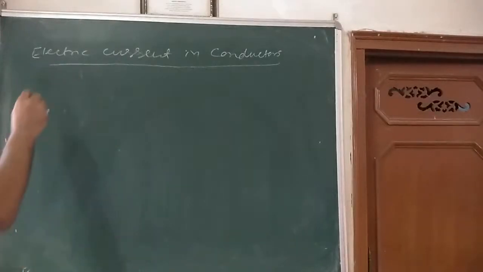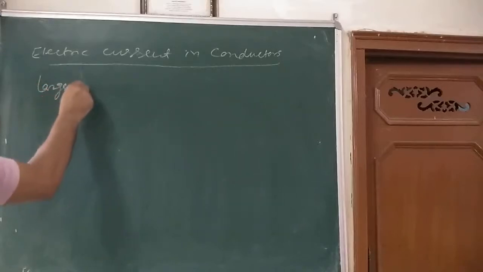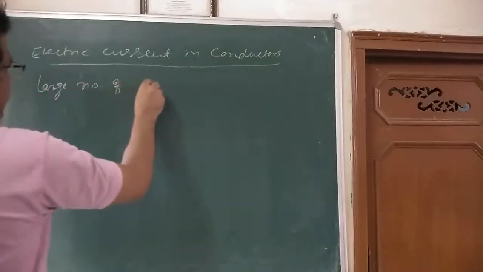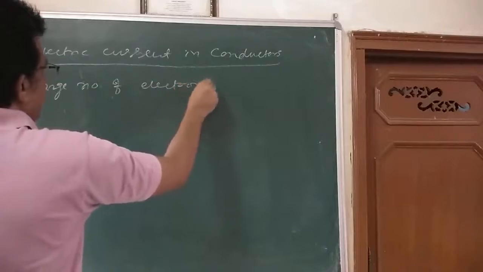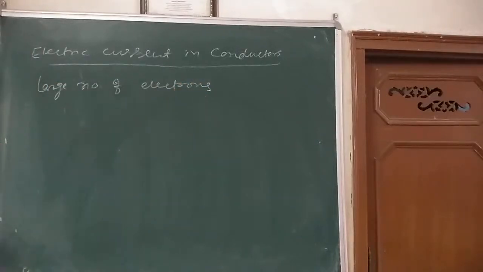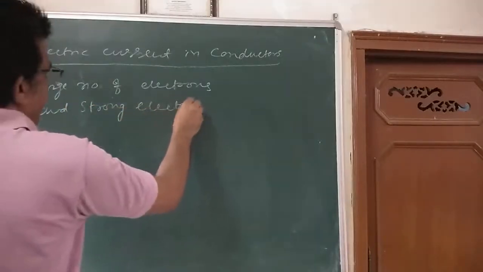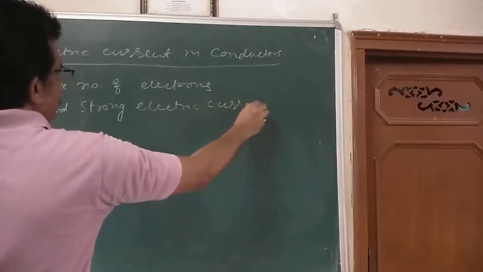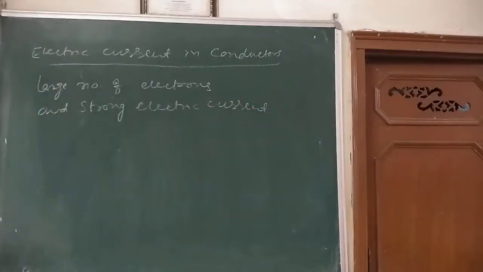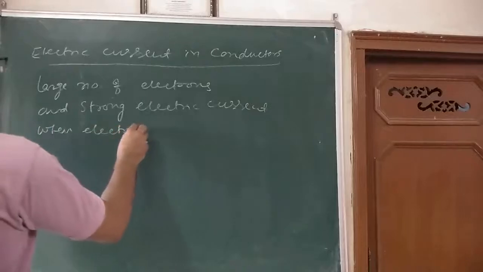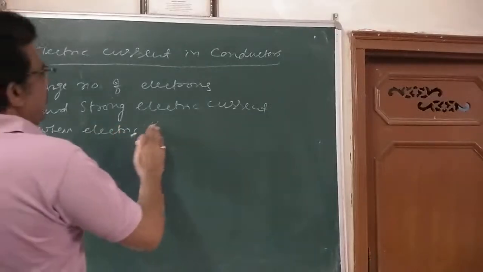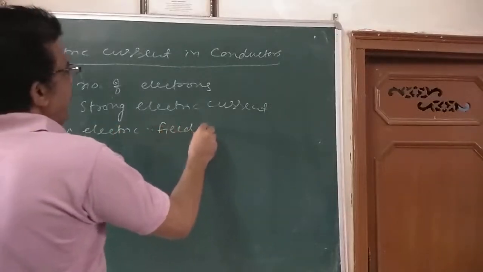Those materials which have a large number of electrons develop a strong electric current when an electric field is applied.